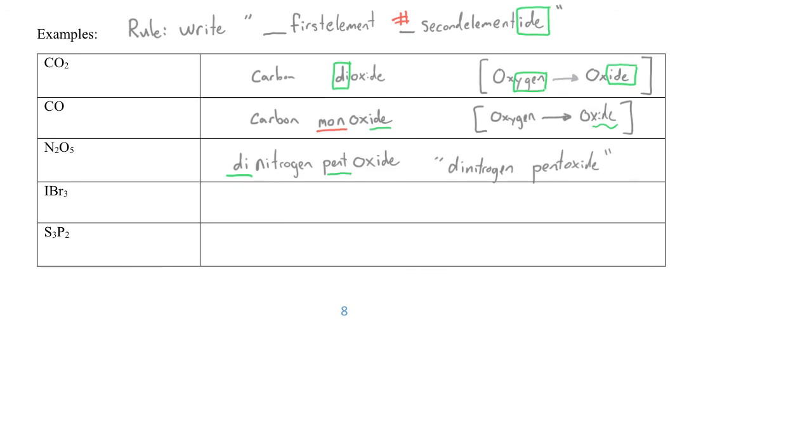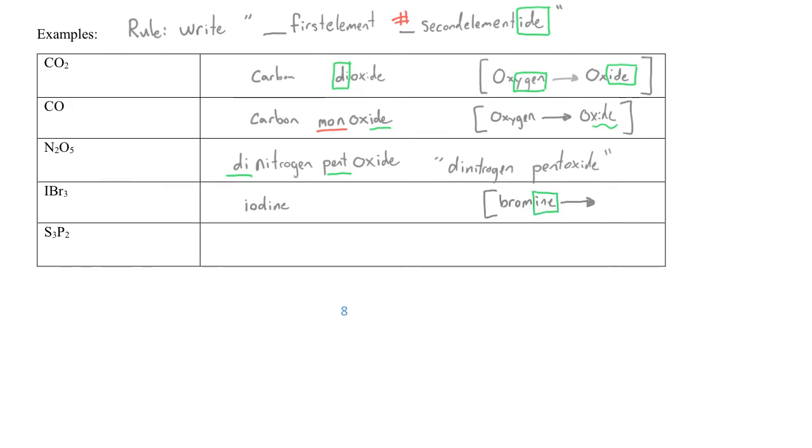Here we have a single iodine atom and 3 bromine atoms. Go ahead and pause the video and see if you can write down the name for this molecule. Okay, so where do we start with this? First, we have to write down the name of the first element, that's iodine, and then we need to write down the name of the second element, but with an IDE ending. How do we transform bromine to have an IDE suffix?